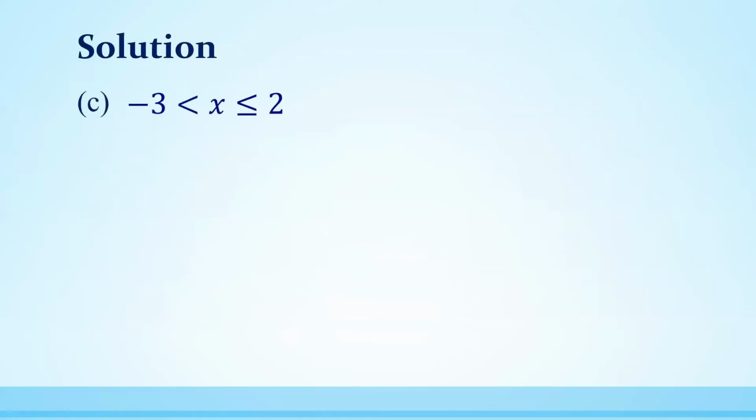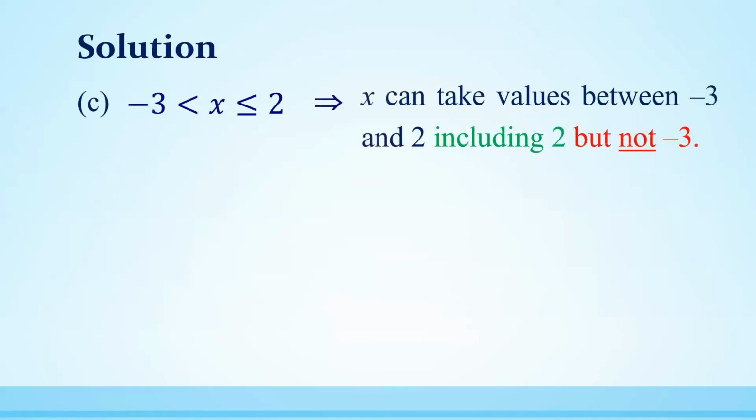But see, x lies between -3 and 2, and 2 here is included. So this means that x can take values between -3 and 2, including 2, but not -3. Can you try to guess how I'm going to represent it on a number line?